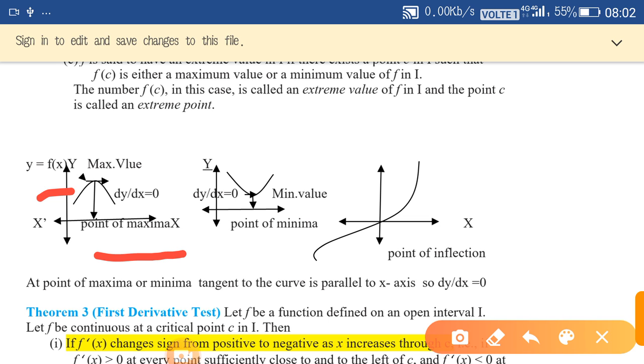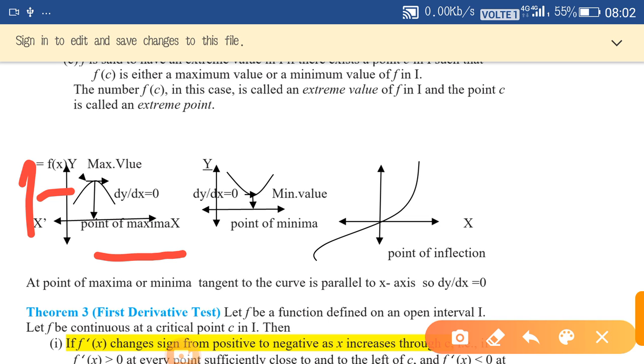The X axis shows the values of x, or you can say the values from the interval and values from the domain, and y shows the value of the function at those points.